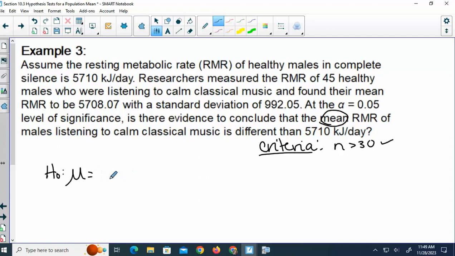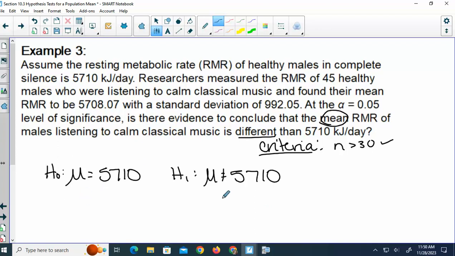What is my null hypothesis? The alternative. Right, we want to know if it's different. So that's not equal to. Everybody okay so far?